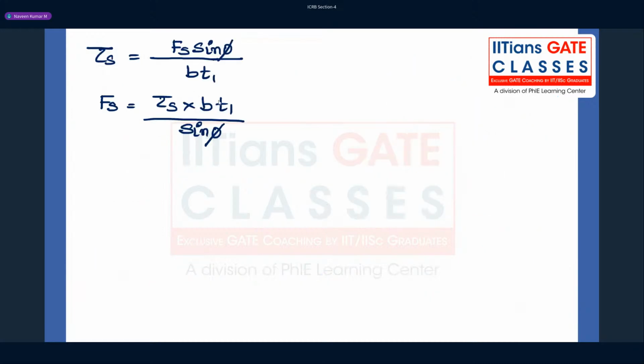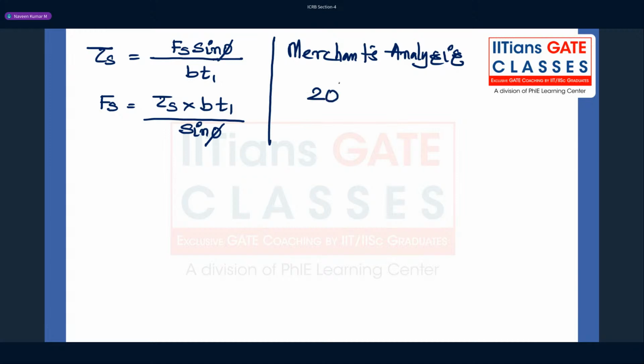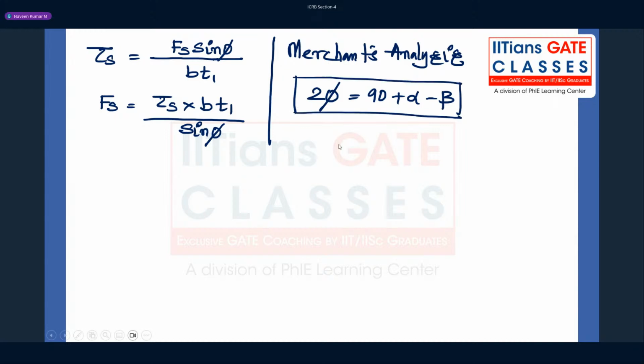So we can use Merchant's analysis. There are Merchant's analysis 1, Merchant's analysis 2, and Lee and Shaffer analysis. According to Merchant's analysis 2, 2 phi is equal to 90 plus alpha minus beta. This is what Merchant theory says.